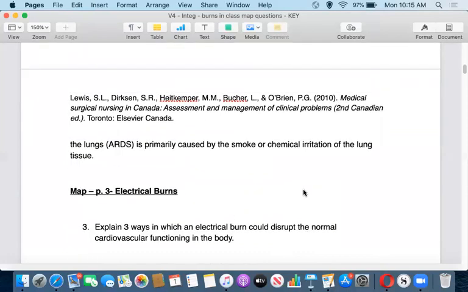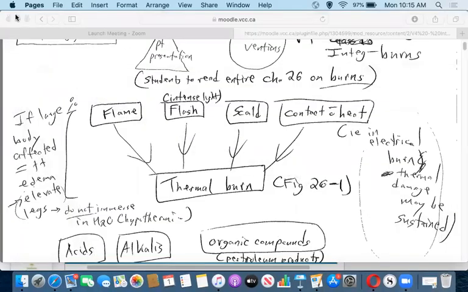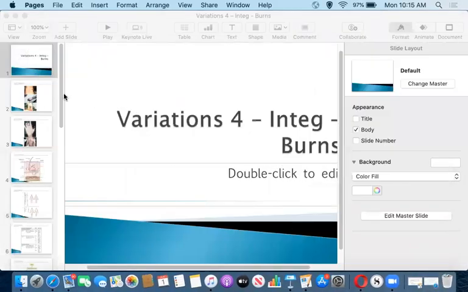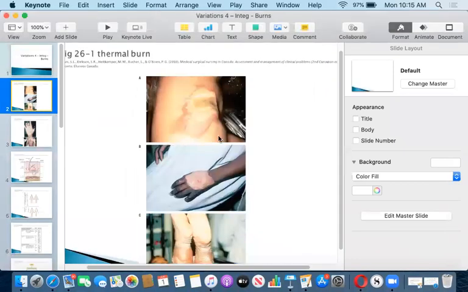Question number 3. Explain 3 ways in which an electrical burn could disrupt the normal cardiovascular functioning in the body. In your PowerPoint here, we've got a little picture of a chemical burn. Or sorry, there's thermal. Thermal's heat.